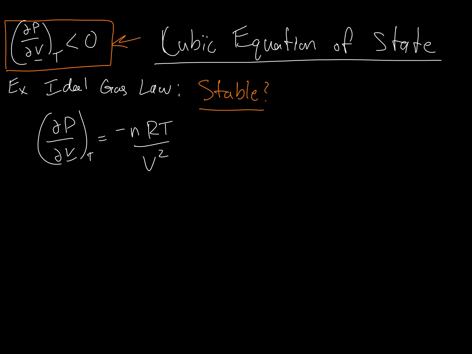One change that I typically like to write for these derivations is PV equals RT as opposed to PV equals nRT. Just simplifies things a little bit, but basically the conclusion's the same. So you can also write this as minus RT over V squared.